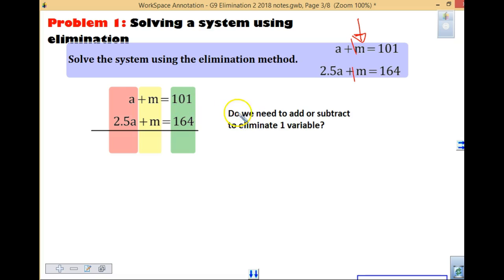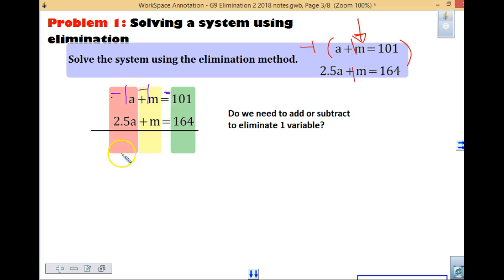So we are going to take that whole first equation up here and multiply it by -1. That is going to leave us with -1a, -1m, and -101.